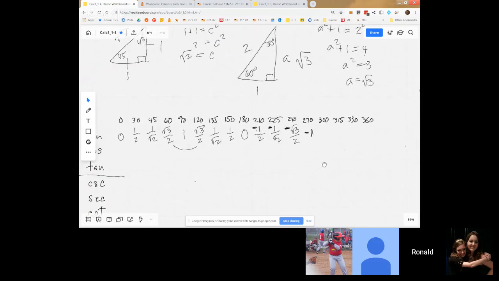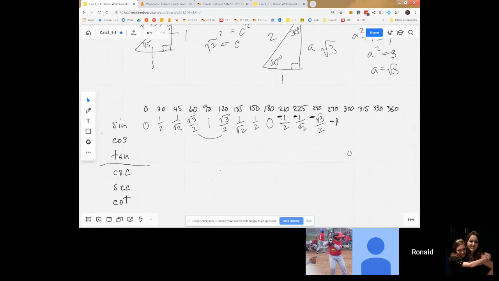300. So now we're in the fourth quadrant, and 300 is 60 degrees from the nearest x-axis. The sine of 60 is the square root of 3 over 2.